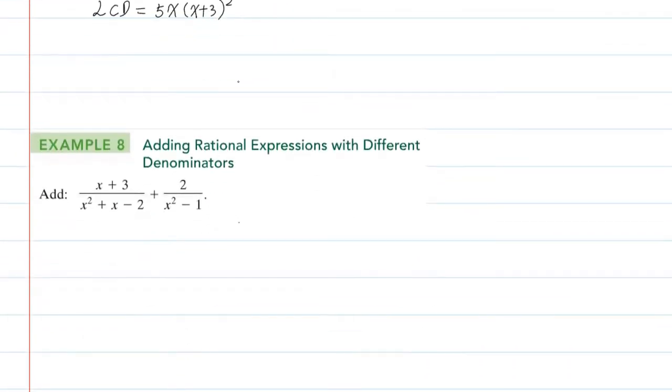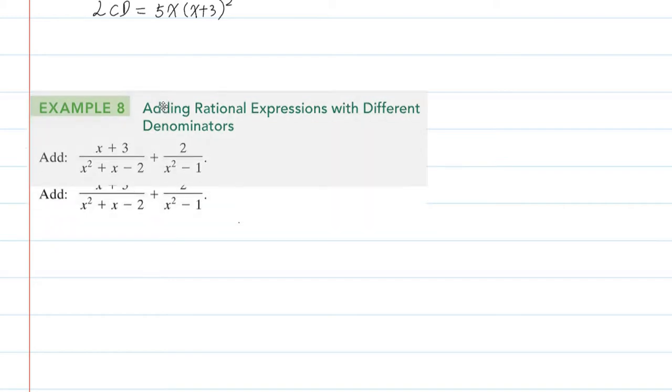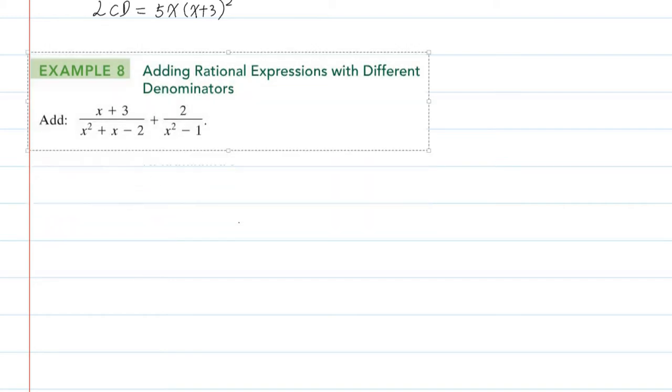Example 8, we have adding rational expressions with different denominators. Let me move this example up a little bit so I can make some room. Okay, let's work on this. Anytime you have to add or subtract, it's the same thing.